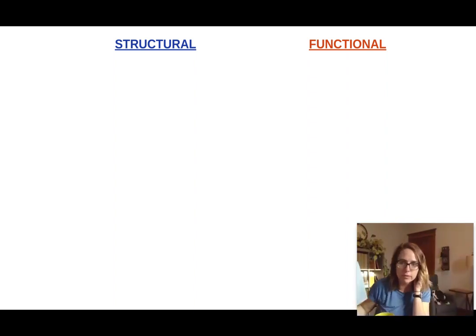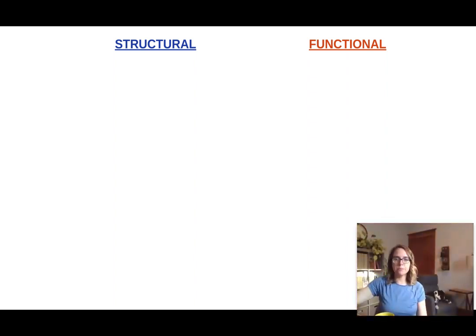I would recommend using 2 different colors on here. Like on mine, way back when I did this, I used blue and teal, or whatever. They were just 2 different color pens I had handy. If you like to write in pencil, you could go back and highlight these or box them, however you see fit. But I want you to distinguish between the structural differences of our different types of neurons and the functional differences.